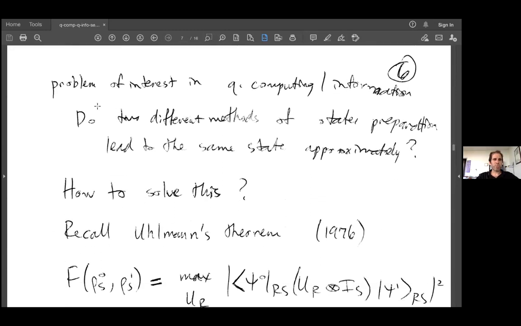Okay, so this is a problem of interest in quantum computing, quantum information. It's basically asking, do 2 different methods of state preparation lead to the same state approximately, okay? And this can be useful in applications like quantum compiling, where you have one circuit, and then maybe you want to figure out another circuit that produces the same state, but has a much shorter depth, okay?